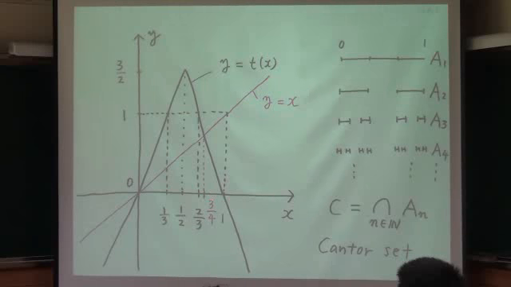So Tx is here, and T twice x is greater than 1, and T triple x is minus. And thus we have the famous Cantor middle subset. So take A1, A2, A3 like this, and this is the intersection.